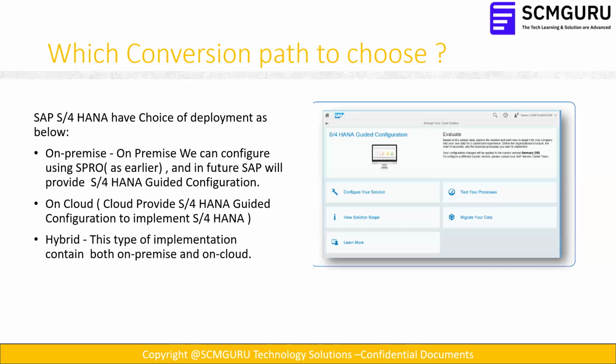They can go for any cloud as per their company's requirement, budget, cost, all those things. Hybrid is this type of implementation in which both on-premise and the cloud will be used.